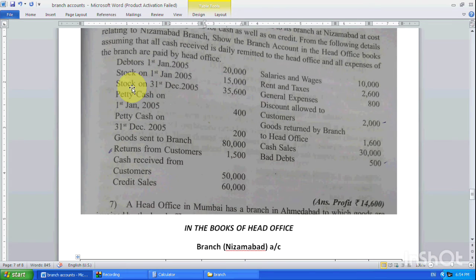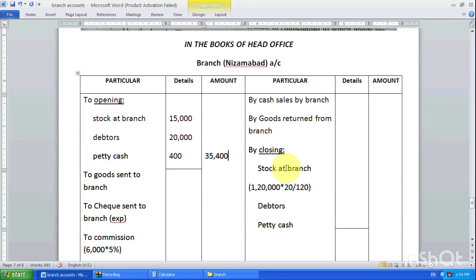Now goods sent to branch. Here closing stock is also given 35,600. Petty cash also given 200. Let's delete these, this is from the previous question. Okay, here write stock at branch 35,600, closing stock, and petty cash also given for closing.